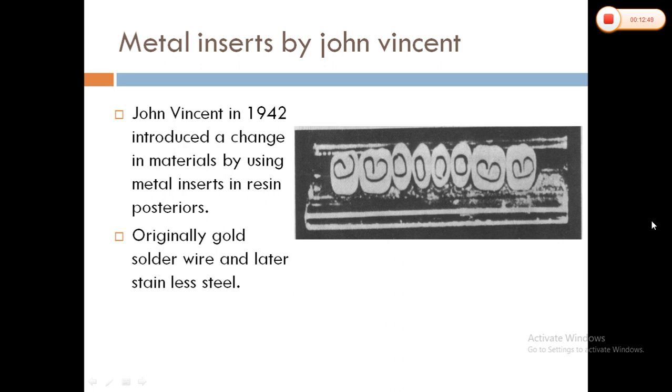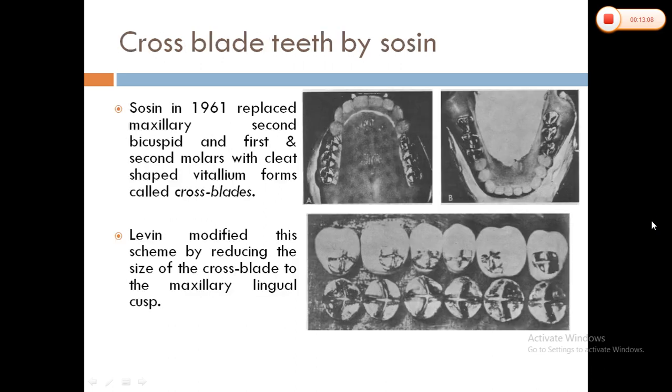Metal inserts by John Vincent. John Vincent in 1942 introduced a change in materials by using metal inserts in resin posteriors. Originally, gold solder wire and later stainless steel was used. Cross blade teeth by Sosin.